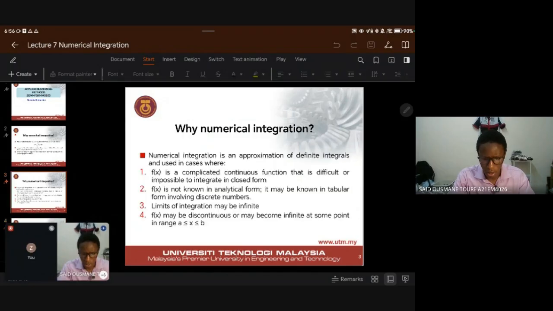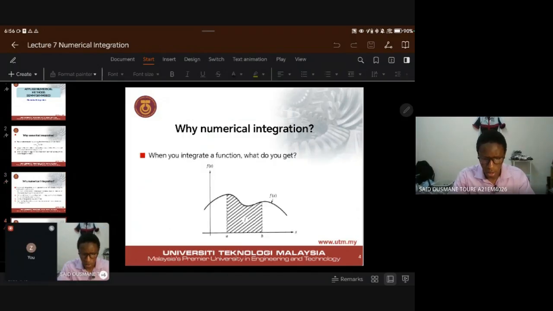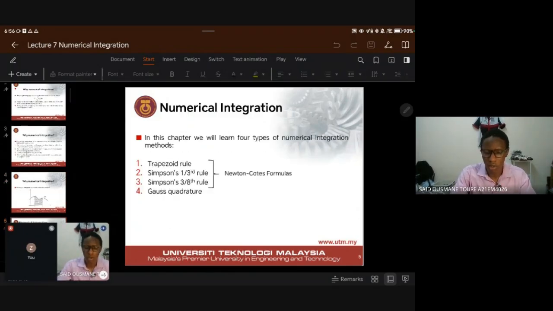Let me check again. Okay, you have three methods: Simpson's, trapezoidal, and Gauss quadrature. And in Simpson's, you have two methods, the 1/3 and 3/8. So we'll get into it soon, inshallah. Don't worry. The easiest is trapezoid rule. If they don't ask anything, you go for trapezoid rule. Understand? So what is it exactly?